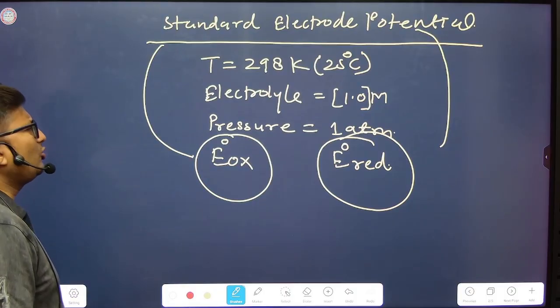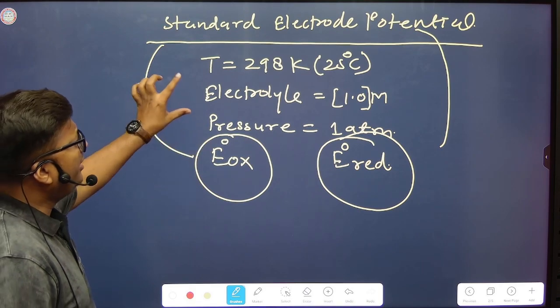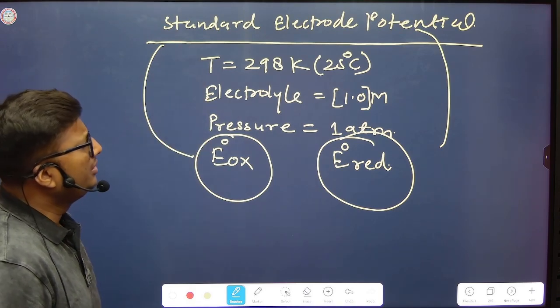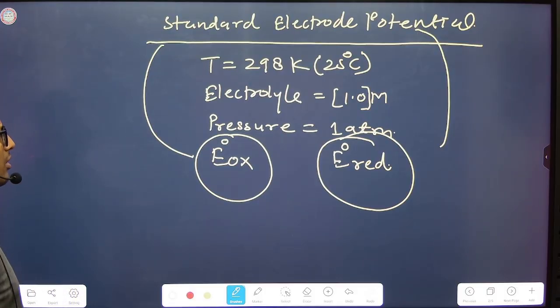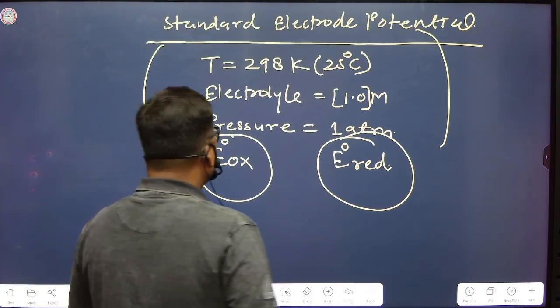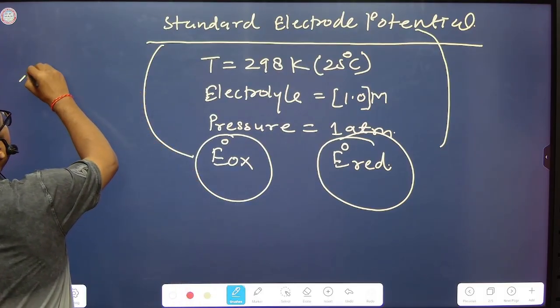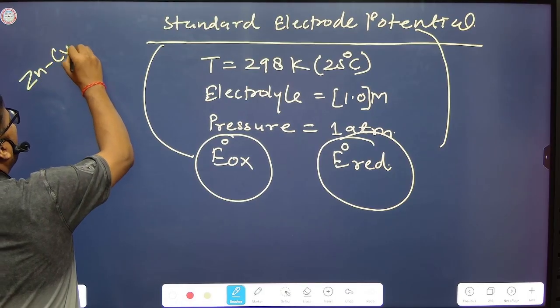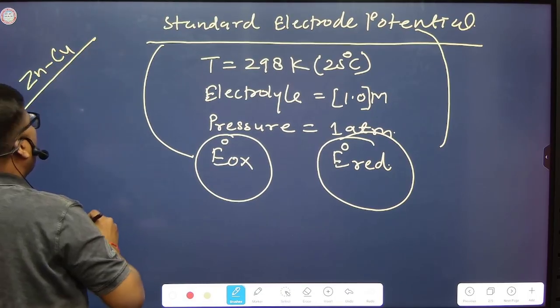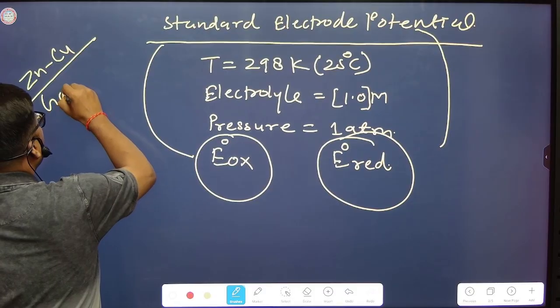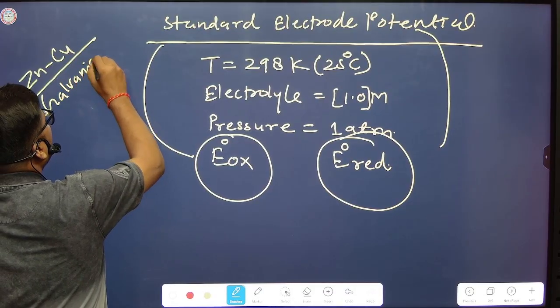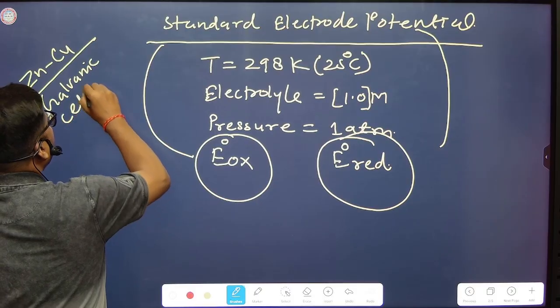Standard electrode potential means at the standard state. Now, in the previous lectures, what have you studied? This is the zinc-copper Daniell cell, or galvanic cell. You have studied the galvanic cell, right.